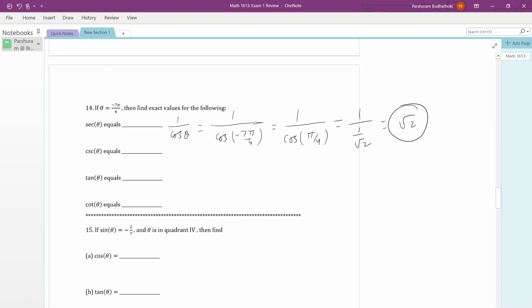Negative 7 pi over 4 and pi over 4 are the same angle, that's why I'm just using pi over 4 here. We can do the same thing here. Cosecant theta means 1 over sine theta, and that is 1 over sine pi over 4, because negative 7 pi over 4 and pi over 4 are the same angle, and basically it is also square root of 2.